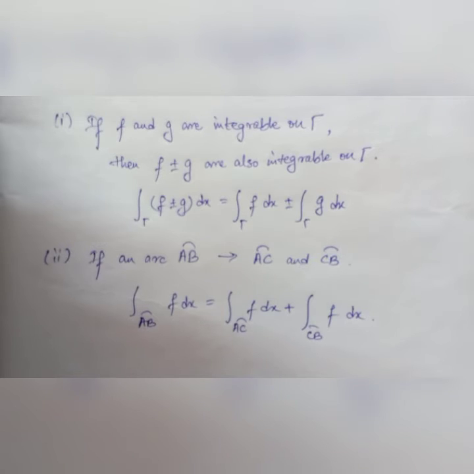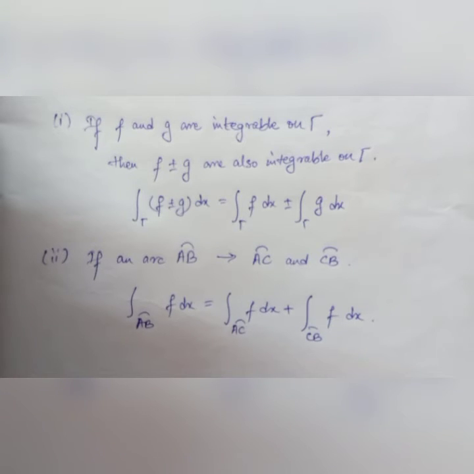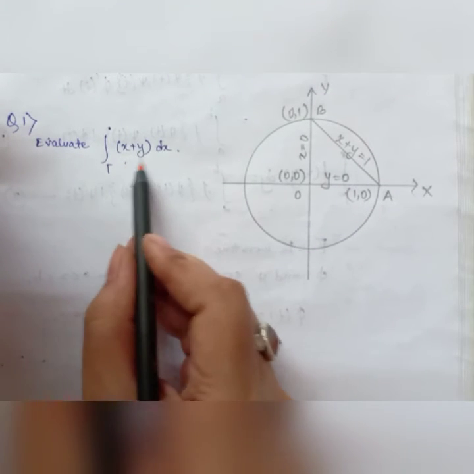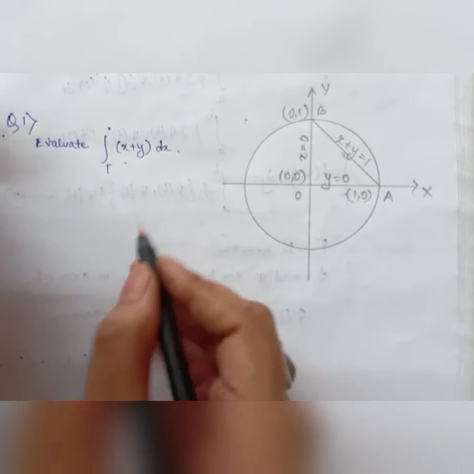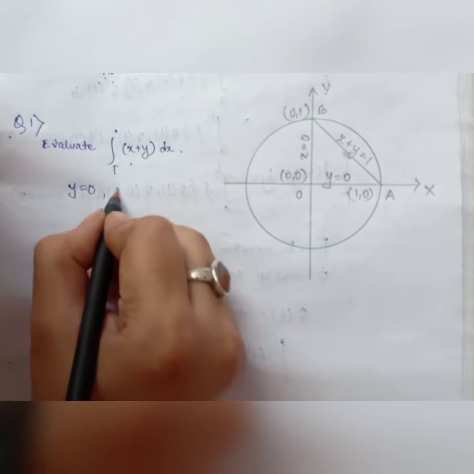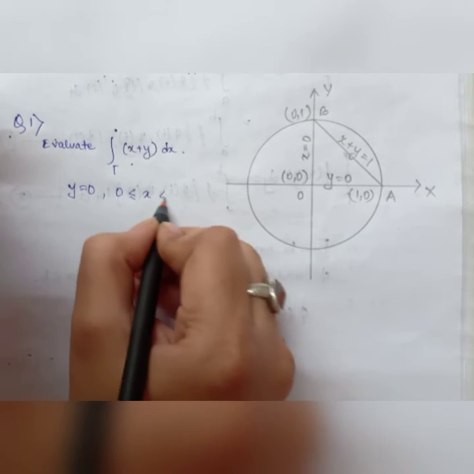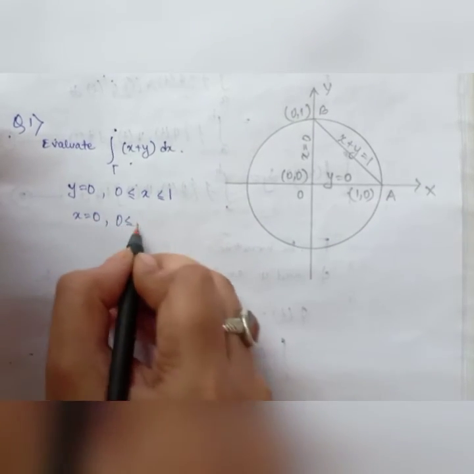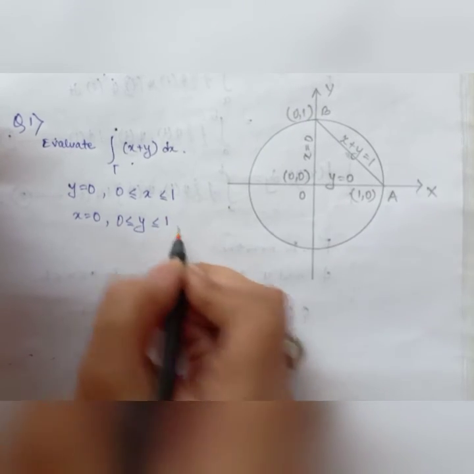So we need to clarify all these assertions with the help of some examples, and they are as follows. In the first example, we need to evaluate integration x plus y dx, if gamma be the two line segments y equals 0, where 0 is less than or equal to x less than or equal to 1, and x equals 0, where 0 is less than or equal to y less than or equal to 1.